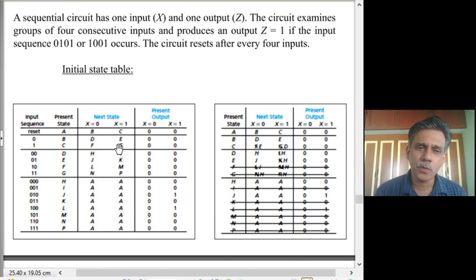Now it is easy for you to imagine the state graph. The state graph will look like a rooted binary tree.